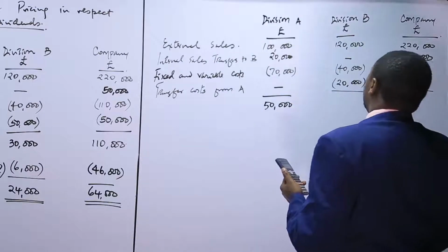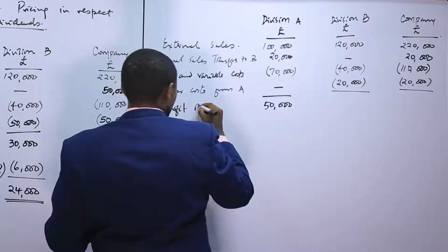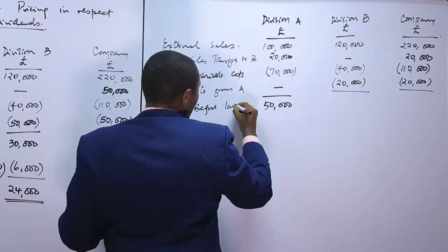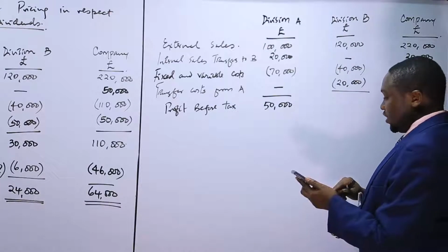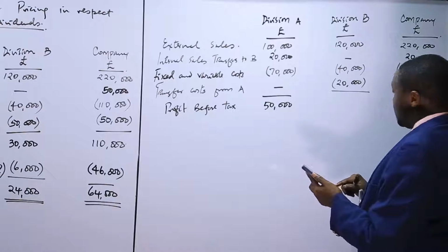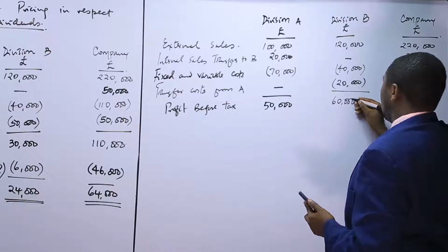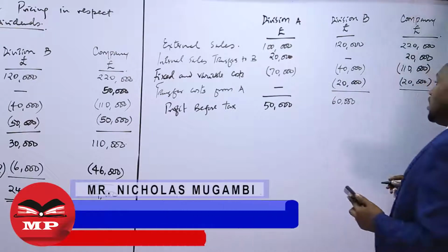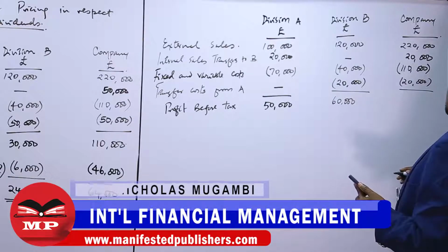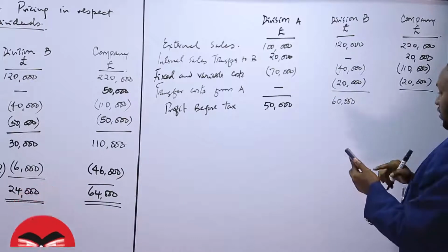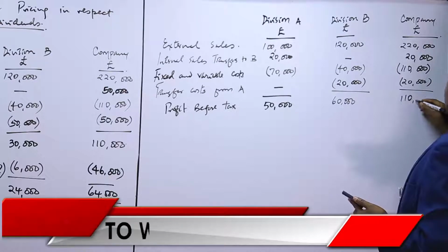What is the profit to the division B? 120,000 minus 40,000 minus 20,000 gives me 60,000. This still gives me the profit before tax to the company of 110,000, which is 50,000 plus 60,000, 110,000.